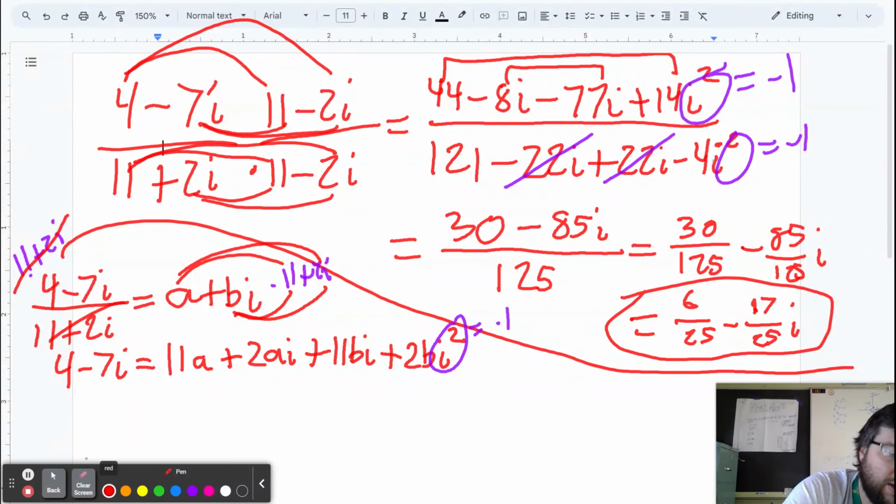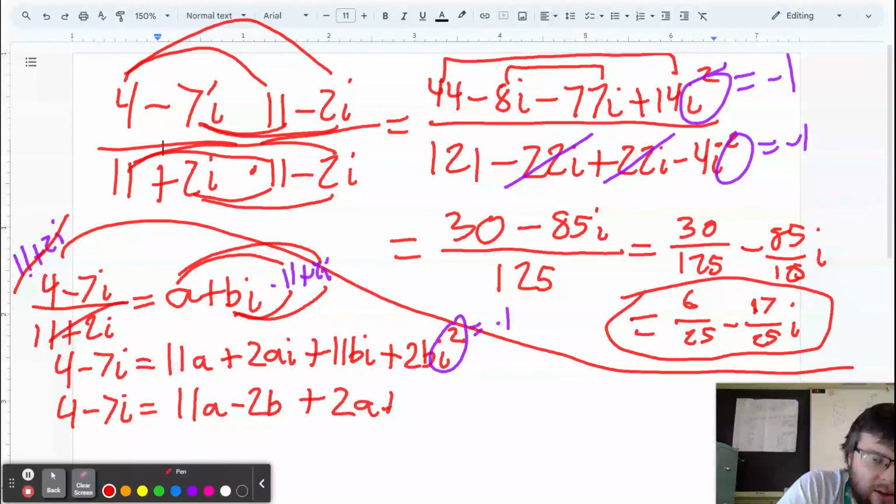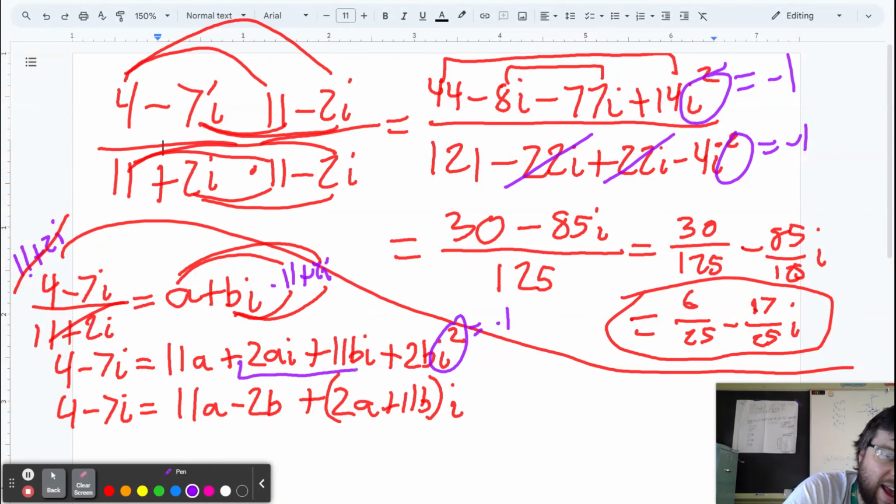And I'm going to group my numbers in a very specific way. 4 minus 7i equals 11a minus 2b. And it became minus because of 2bi squared. And then the other ones I have are 2a plus 11b i. Notice what I did. Both of these terms here have a common i, and so I can factor that i out.